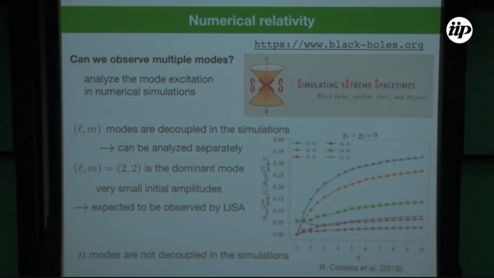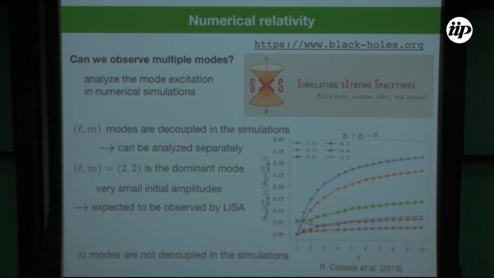For the harmonic modes, in my case, I use the simulations from the Simulating eXtreme Spacetimes catalog, SXS. In these simulations, the harmonic modes are decoupled. This means that we have one wave for each harmonic mode, so they can be analyzed separately. This has been done by a lot of people, and they showed that the quadrupole moment, which is l, m equals 2, 2, is the dominant mode.